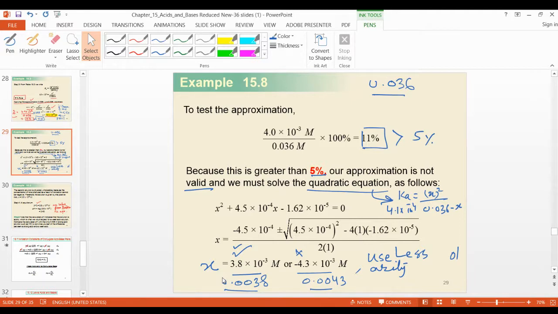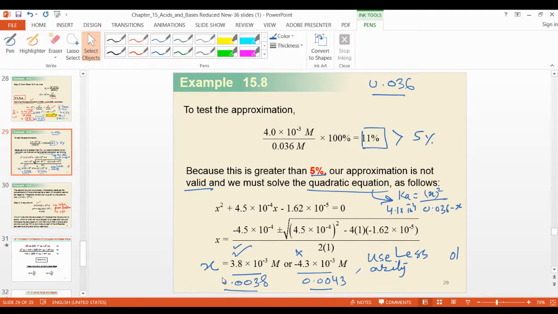So who will tell me now when we use the quadratic equation and when we will not? We use the quadratic equation if our approximation is bigger than 5%. If the approximation is not correct, it means the minus x we deleted was our approximation.